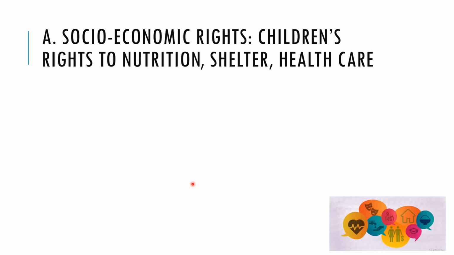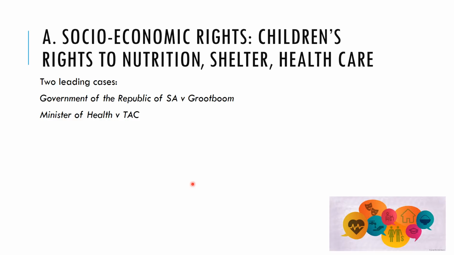Now we are specifically moving to the socioeconomic rights of children. The first two cases that the Constitutional Court had to deal with on children's socioeconomic rights were Government of the Republic of South Africa versus Grootboom, which was a case about housing and informal settlements, as well as Minister of Health versus Treatment Action Campaign, which was about access to antiretroviral medicine.